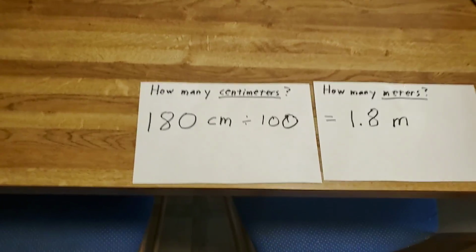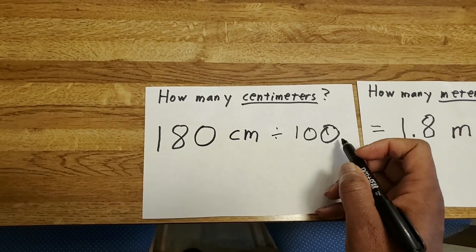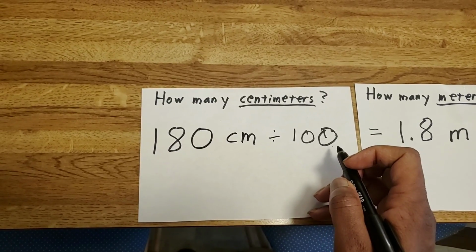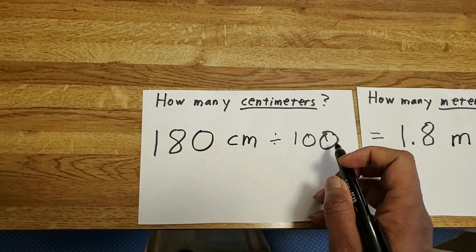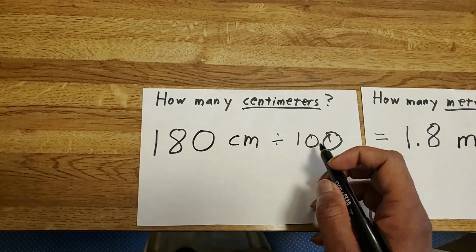There's another easy way to do it without using a calculator. When you're dividing by 100, think of it this way. There are 2 zeros.